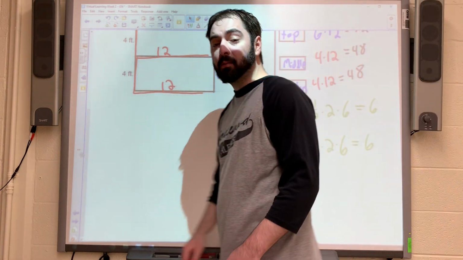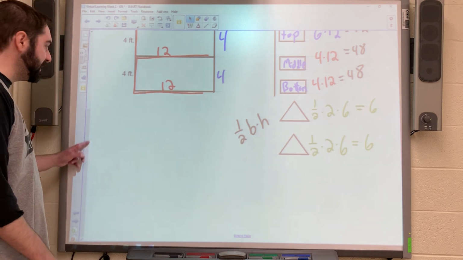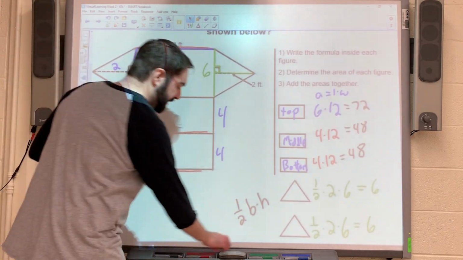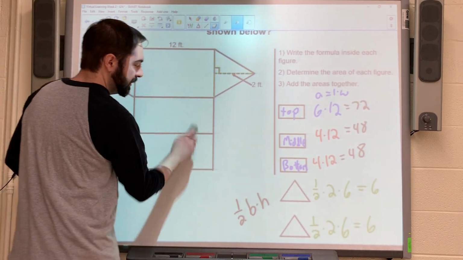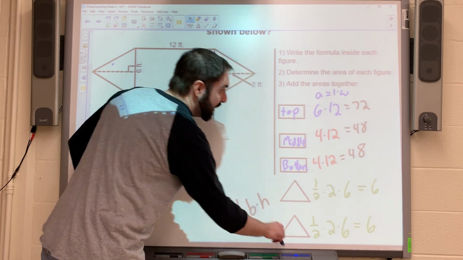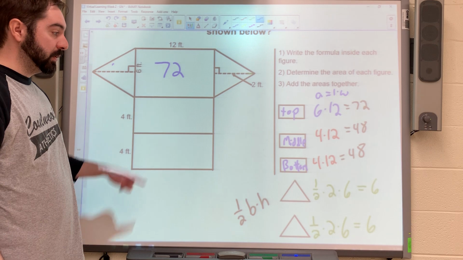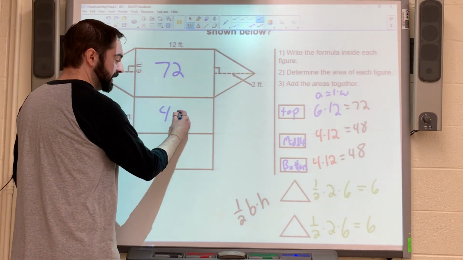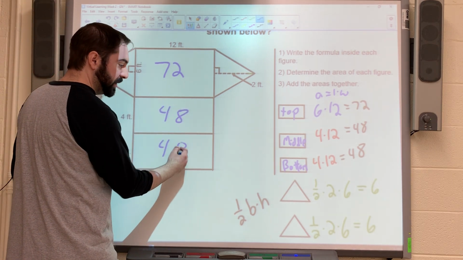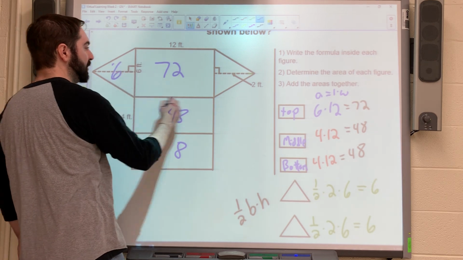The last thing is they want the total surface area. So I can go back through here, and I'm just going to erase some stuff that I've already put up here, and just kind of list all the different pieces' areas. I know that this rectangle had an area of 72. I know this rectangle was 48. I know the bottom rectangle is 48. And I knew both my triangles were 6.